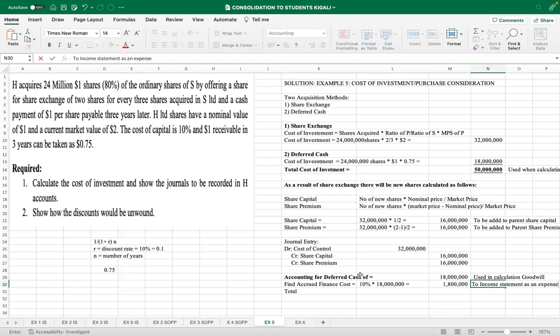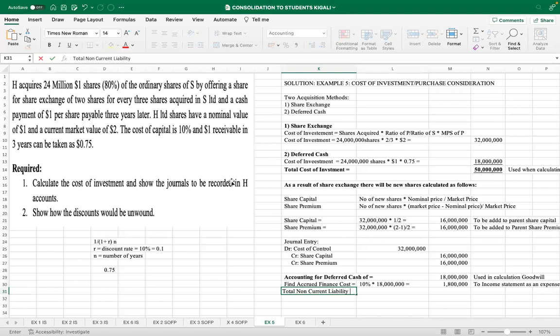And also, because it's an accrued finance cost, you know that accrued expenses are liabilities. So it increases the total non-current liability.